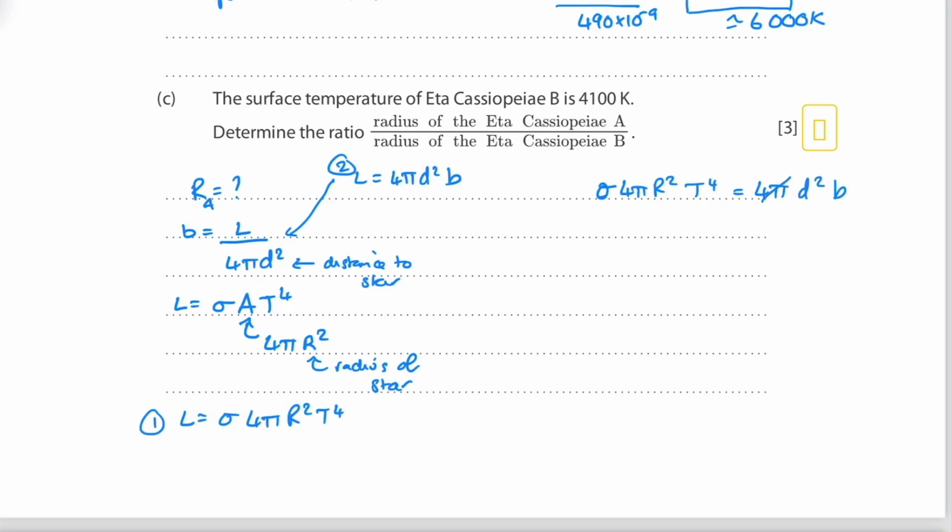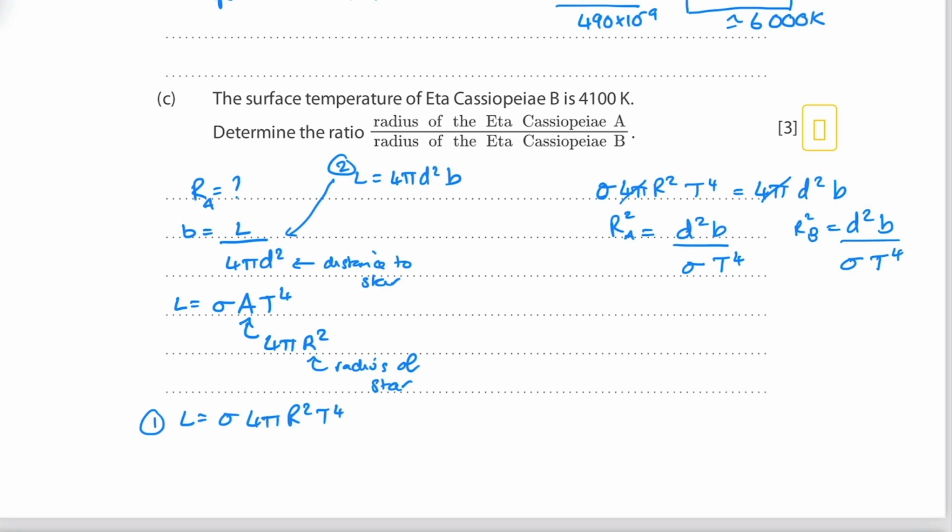We can cancel out these 4 pi's. And let's rearrange for r. r squared equals d squared b over sigma T to the 4th. So that gives us a radius of A. It also gives us a radius of B: r squared B is equal to d squared b over sigma T to the 4th.